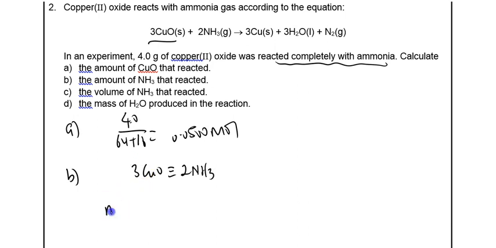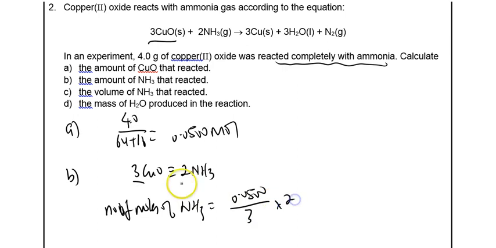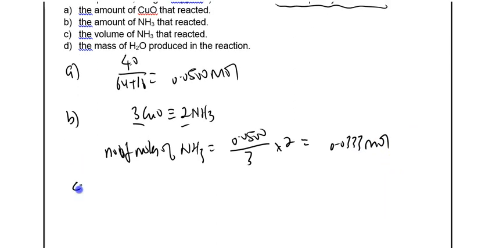So based on proportion, number of moles of NH3 that will react would be 0.0500 divided by 3 times 2, giving me 0.0333 moles of ammonia. And with this, part C is easy. The volume is simply number of moles times 24, giving me 0.800 dm cube.